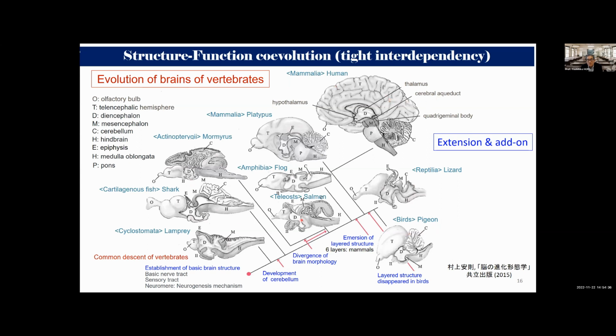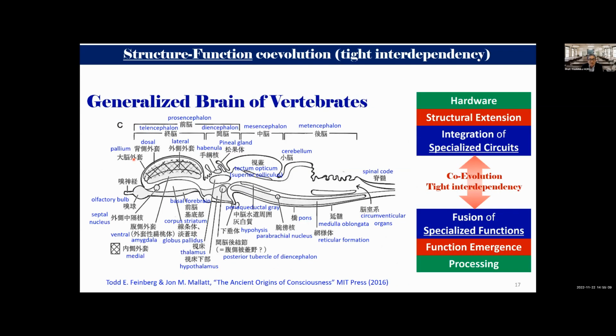If you look at the figure, there seems to be a very wide variety of shapes. But if you look closely, we have the parts for each species, listed here above. If you look at this figure, all the brains have the same parts. So we can generalize the structure of the vertebrate brain like this.